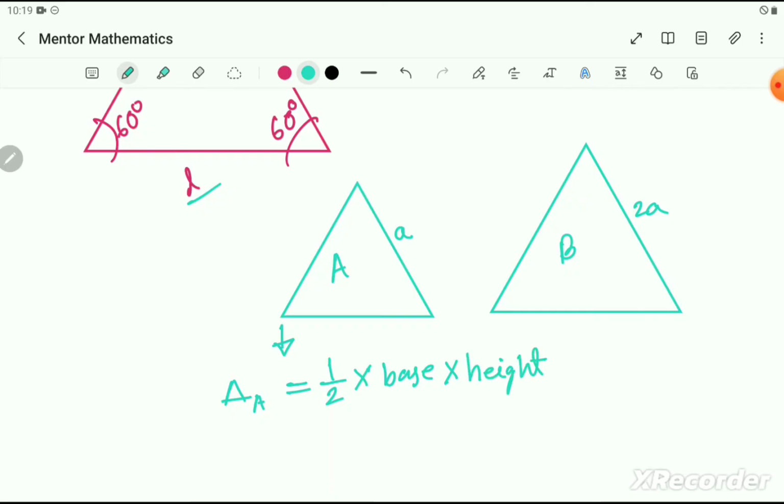So for simplicity we can write it like this, half into B into H. We know the base is A for triangle A, but we do not know the height. So we can calculate the height by another theorem that all of us know.